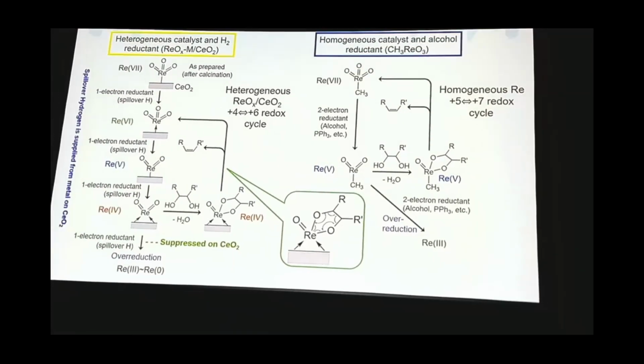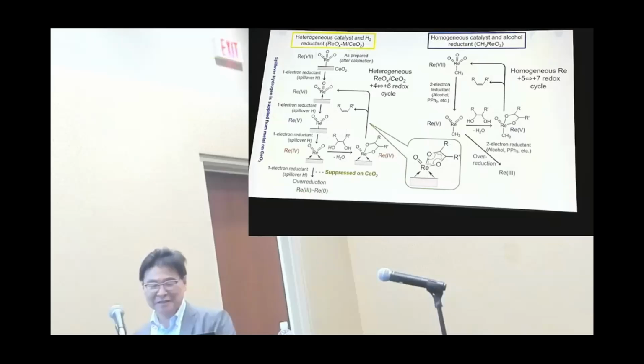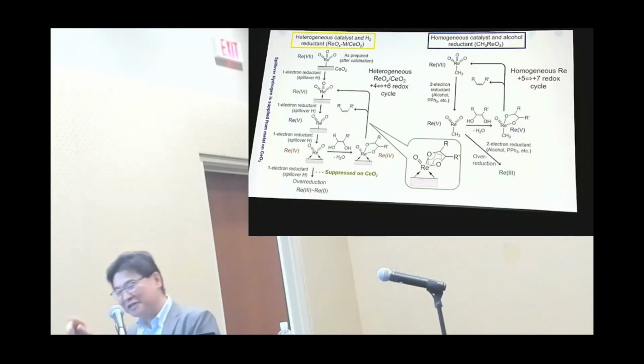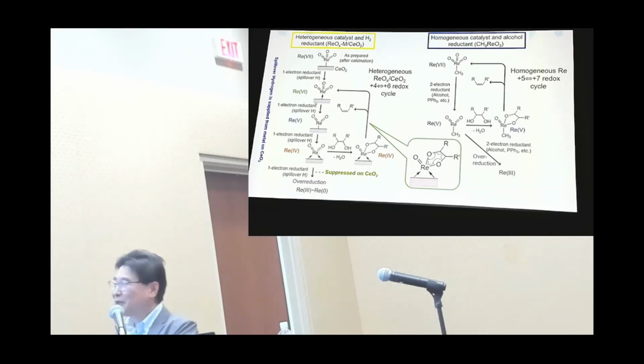In the case of the homogeneous catalyst, the redox cycle is rhenium 7+ and rhenium 5+. On the other hand, in our case, the redox cycle is a little different, rhenium 4+ and rhenium 6+. We are thinking that this is a one-electron reductant, for example, the spillover hydrogen.